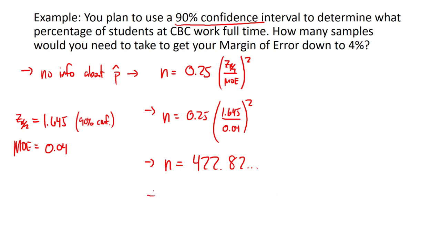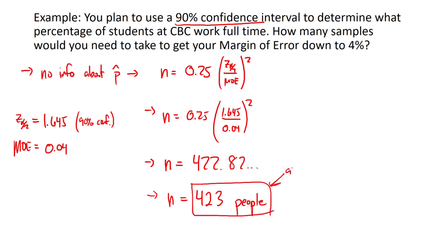Round it, and in general, it's always better to be safe than sorry. This one happens to be already rounding up anyway, but in general, we always round up for sample sizes. It's the one time that you don't have to follow rounding rules, because you want to be on the safe side.